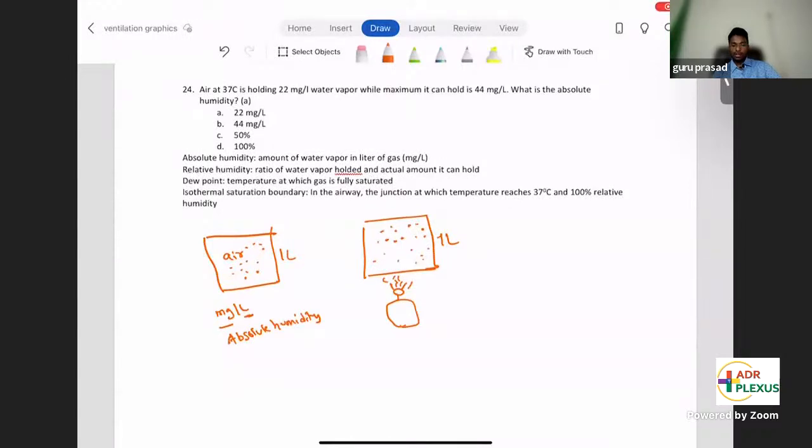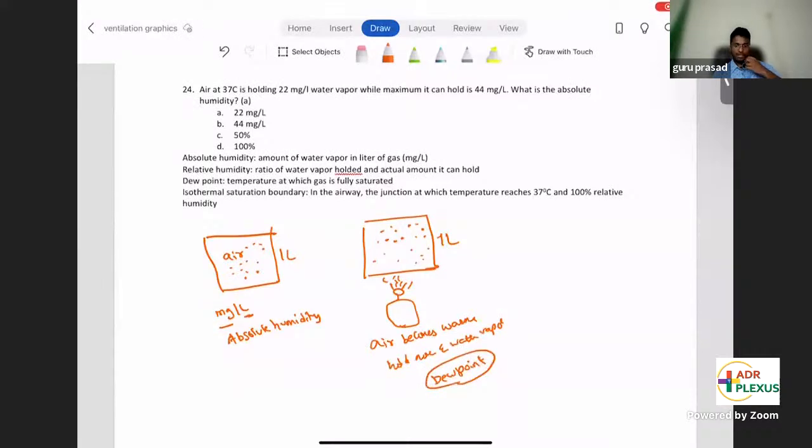Remember, whenever air becomes warm, it will hold more and more water vapor up to a certain point where it cannot hold. Beyond that, it cannot hold water vapor. That point is called dew point. So what is dew point? Dew point is a point where your air is fully saturated with water vapor.